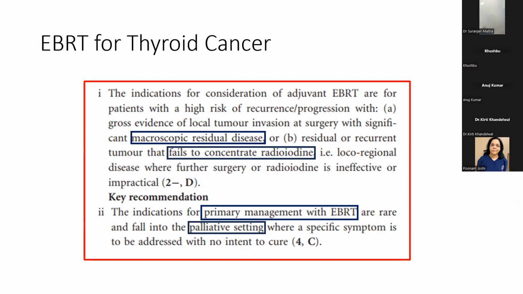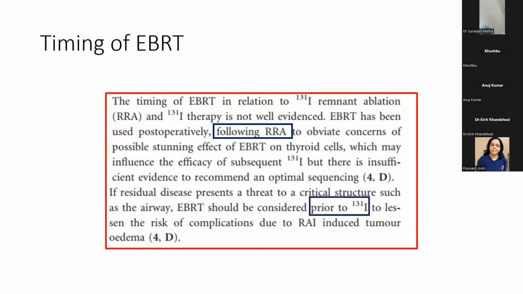So here the indications for considering adjuvant EBRT are again macroscopic residual disease and failure to concentrate radioactive iodine. Primary management with EBRT is mostly in the palliative setting, which is unresectable disease in differentiated thyroid cancers. And there is one of the recommendations that talks about the timing of EBRT in relation to giving radioactive iodine.